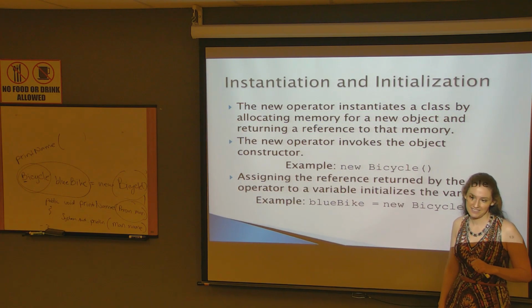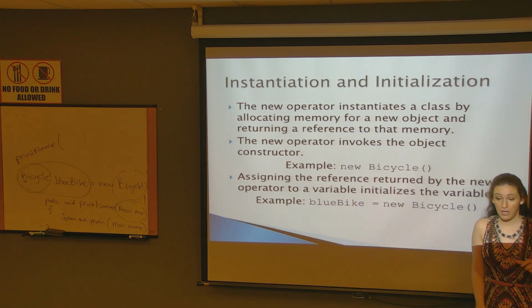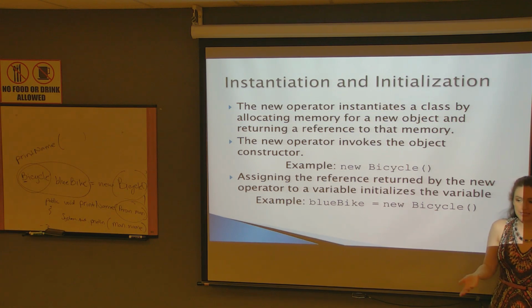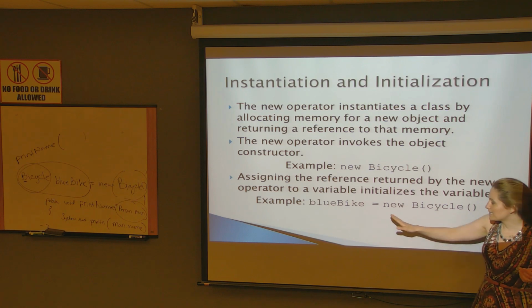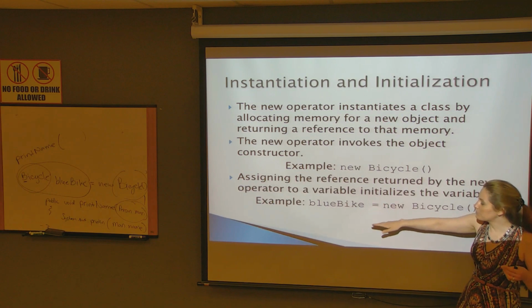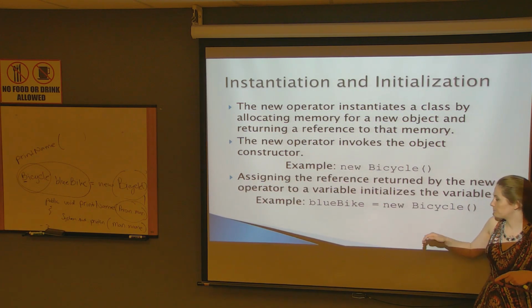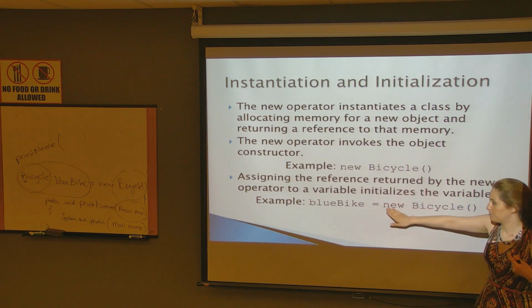All right? So when previously on the page we declared bicycle, blue bike, there was no memory associated with it. There was no value associated with it. It was just kind of like, here's a Tupperware container that we're later going to fill, right? This is where we're actually filling it up, this equal sign. But see, when I was saying there were 3 steps and I was trying to figure out in which order, well, technically, this gets executed first before it can be assigned.